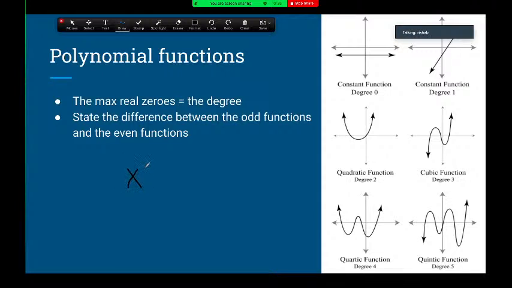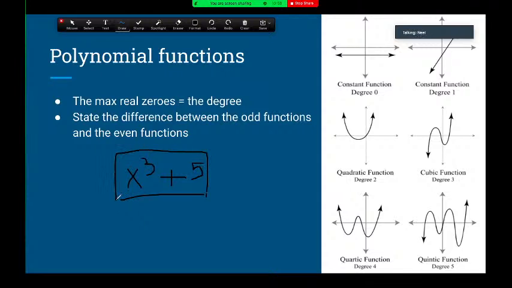Okay, how about you do this one? Plus 5. Figure out the degree of this whole polynomial.